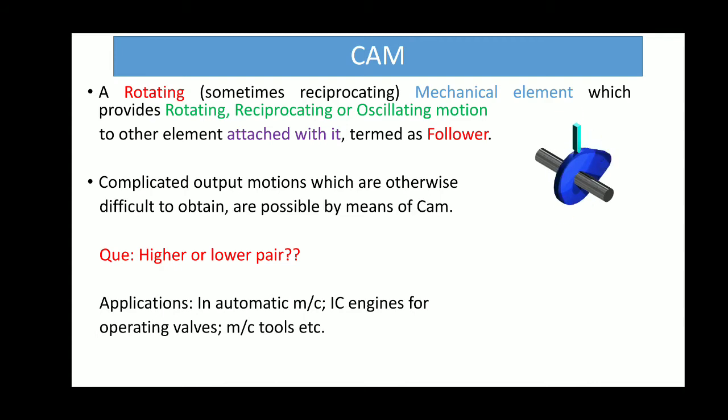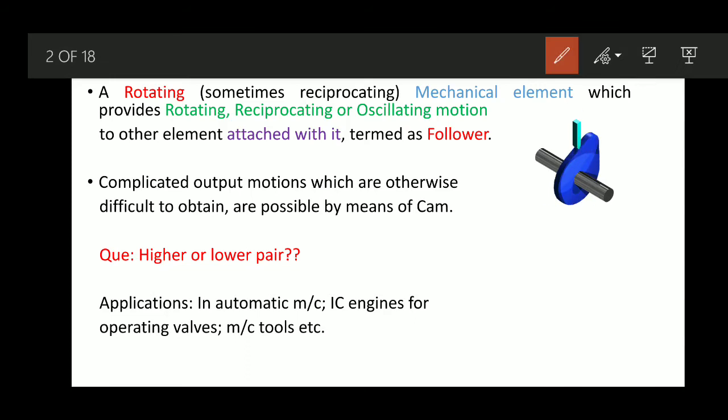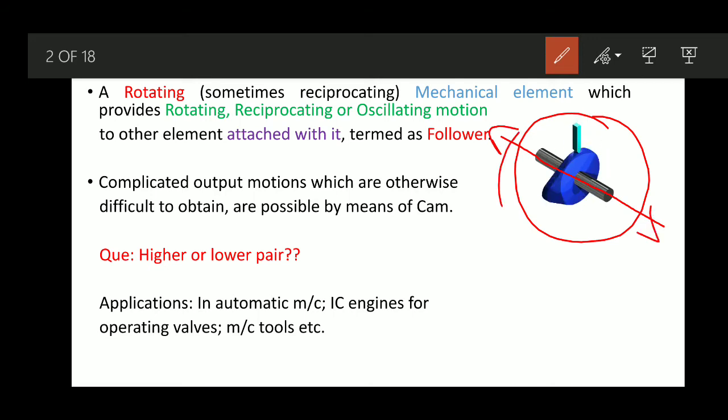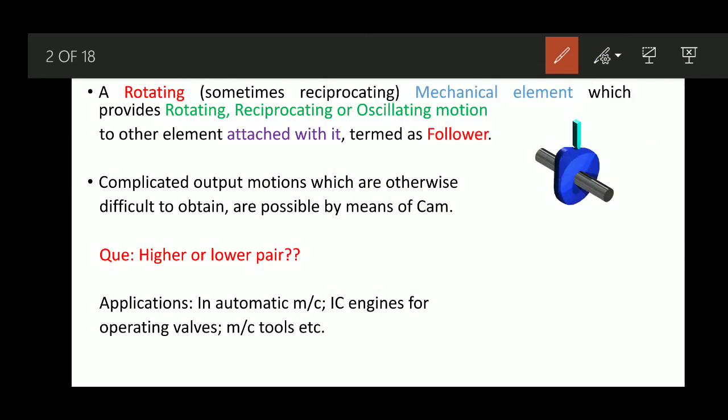Now if we come to this animation, you will see a cam which is operating and a particular knife edge follower. In this animation, this part is nothing but the shaft, the rotating shaft, on which this blue part is mounted.